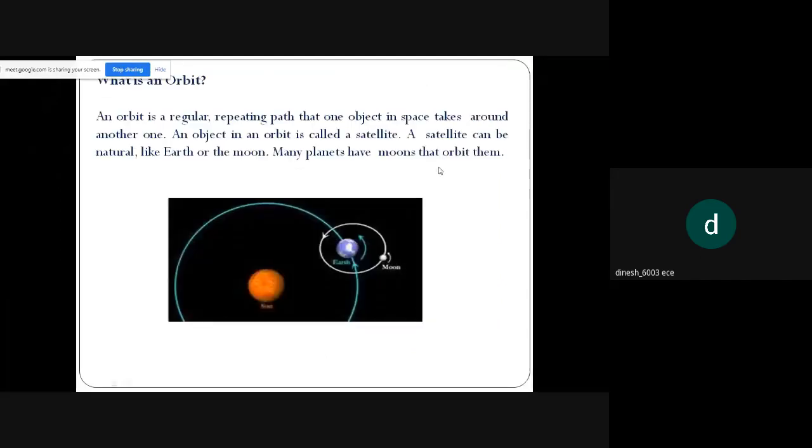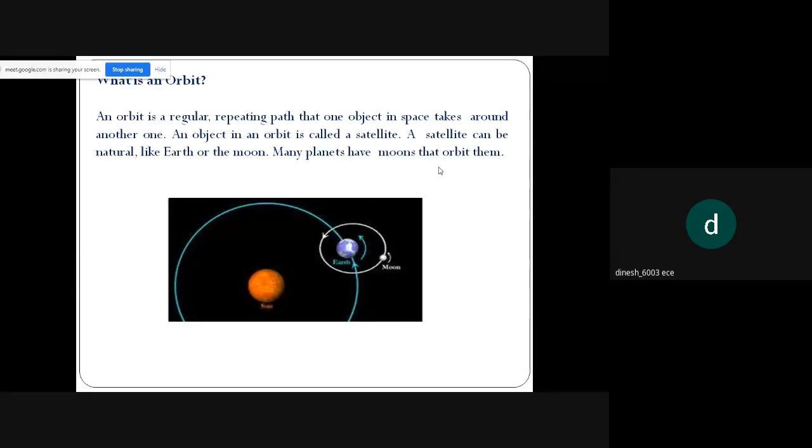So this is an example of an orbit. An orbit is a regular repeating path that one object in space takes around another. You can see the sun is an object in space.